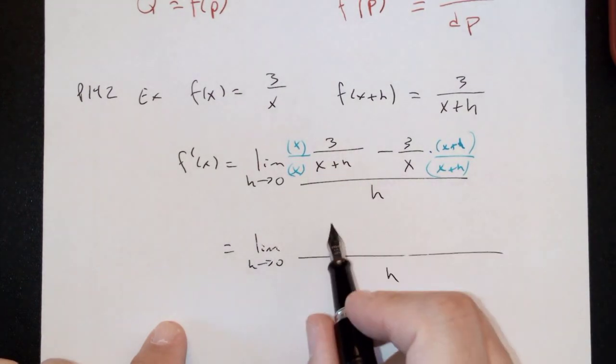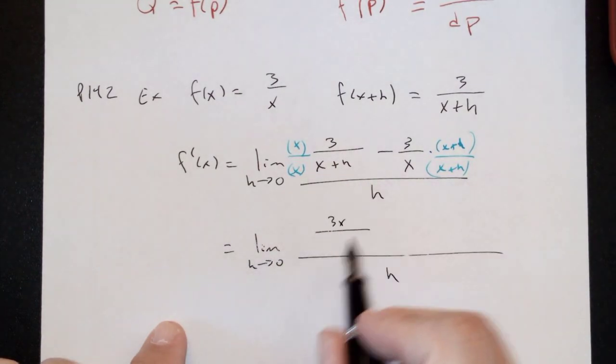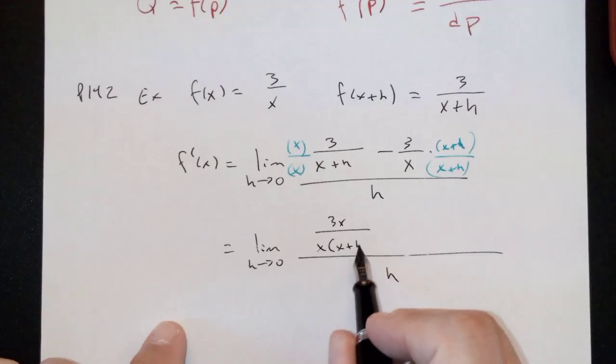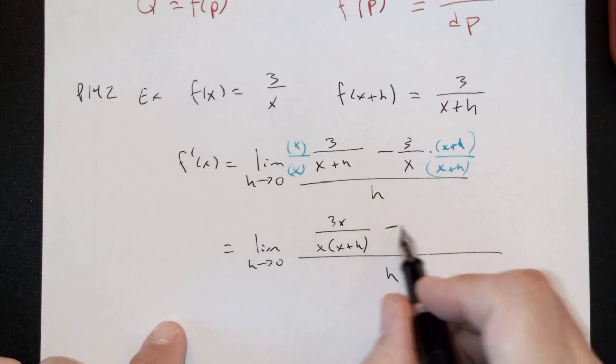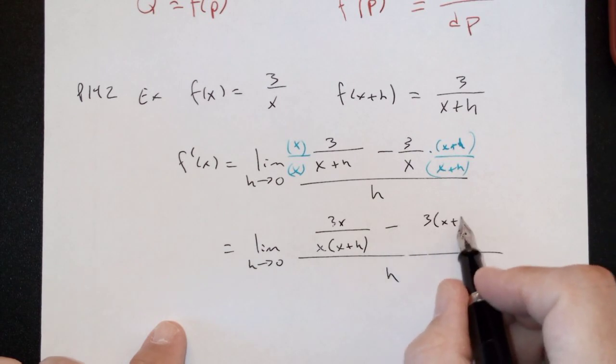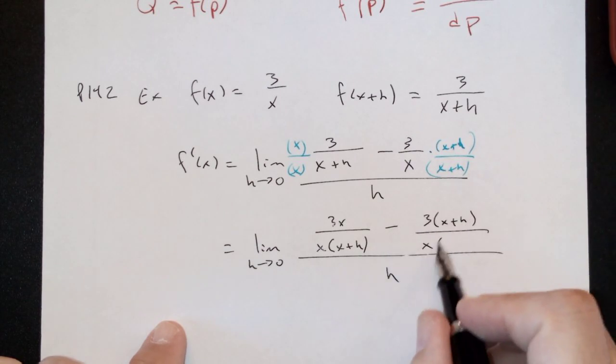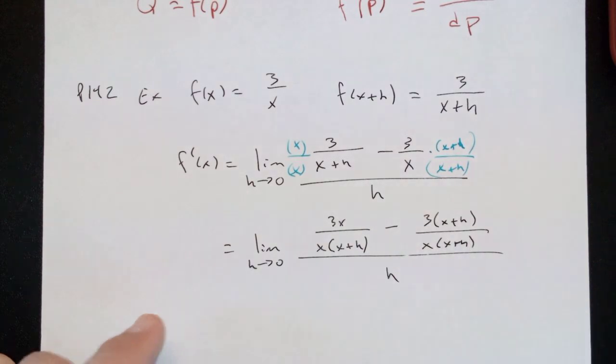Okay. That makes this first fraction 3x over x parentheses x plus h. That makes the second fraction 3 parentheses x plus h over x times x plus h. But now I have the same denominator, combine those two fractions at the top.